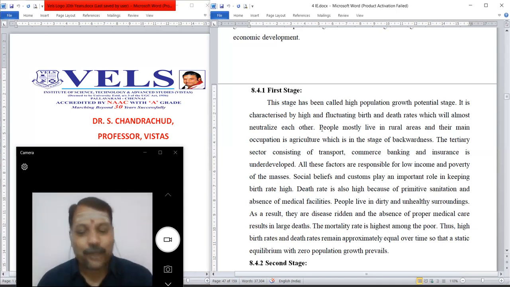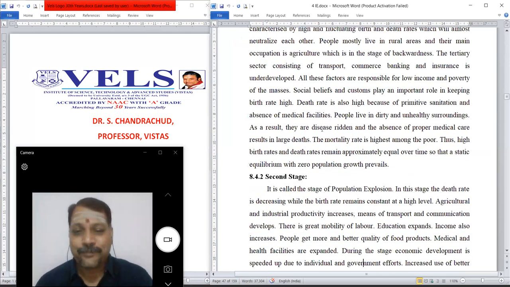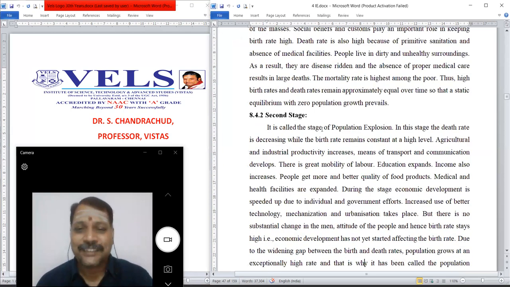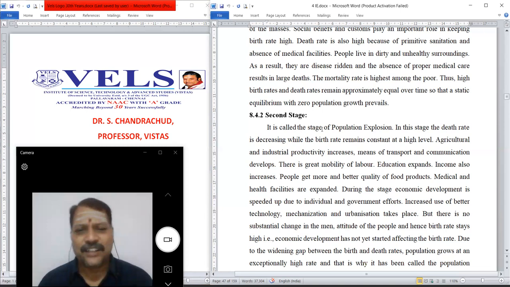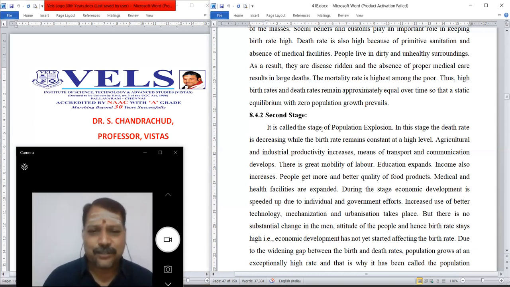Now let's move to the second stage. What will happen in this stage? This stage is called the stage of population explosion. In this stage, the death rate is decreasing while the birth rate remains constant at a high level. Agricultural and industrial productivity increases, and transport and communication develop.